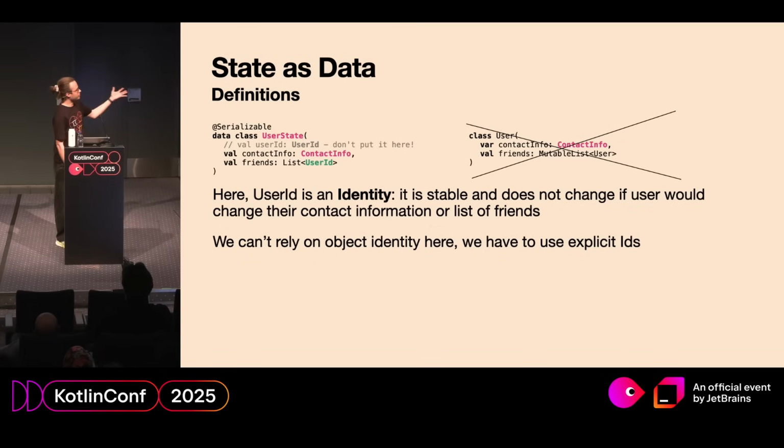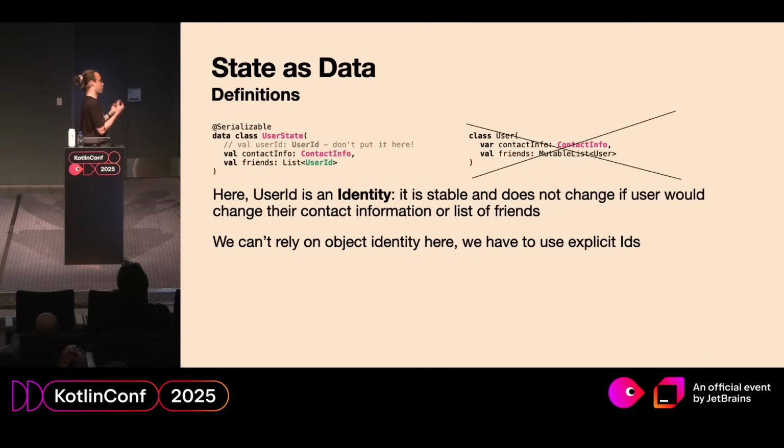So here it could be clearly seen, like, what do I mean by identity? User ID is identity, user state is the state. And they are connected in some way, external to this code. Somewhere else there is an association between users and their state. And obviously don't use references to represent it.